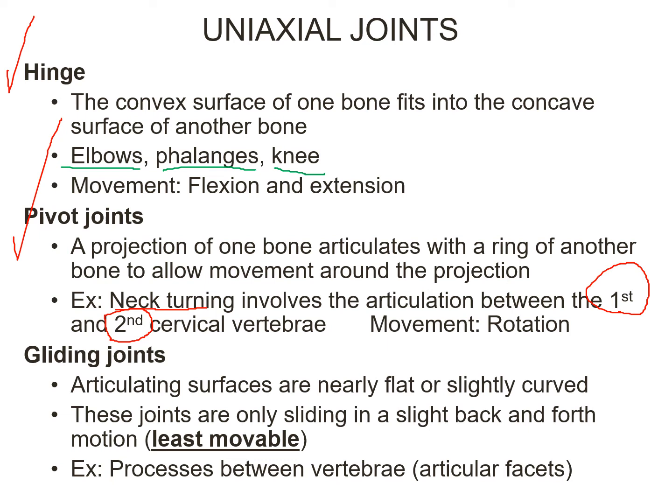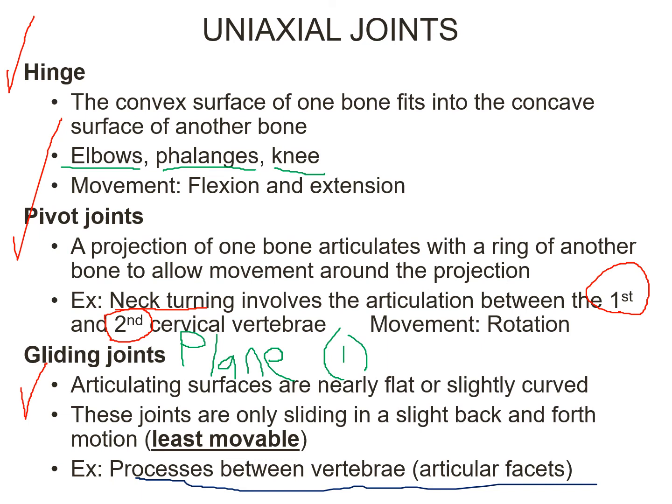And then the last one are those gliding, sliding joints. I want you to make note that these are also known as a plane joint because they exist on one plane. So a gliding joint, a sliding joint, a slipping joint, also known as a plane joint. And once again, these are found between your ankles and your wrist, those carpal bones and those tarsal bones, and also found between the superior and inferior articular facets, those processes.